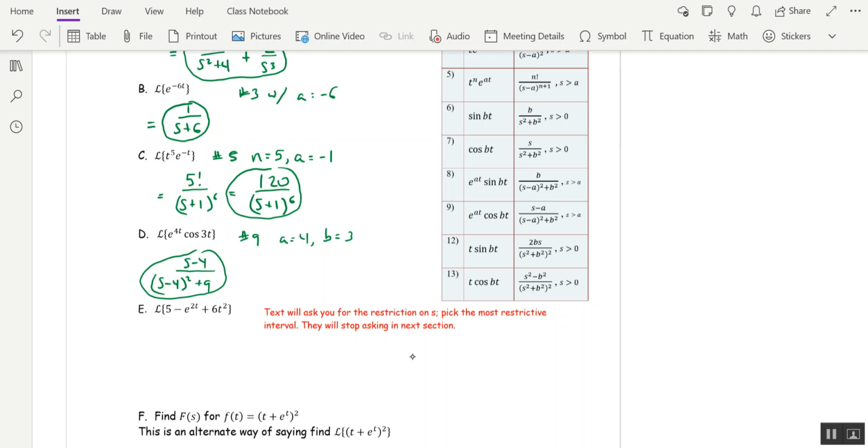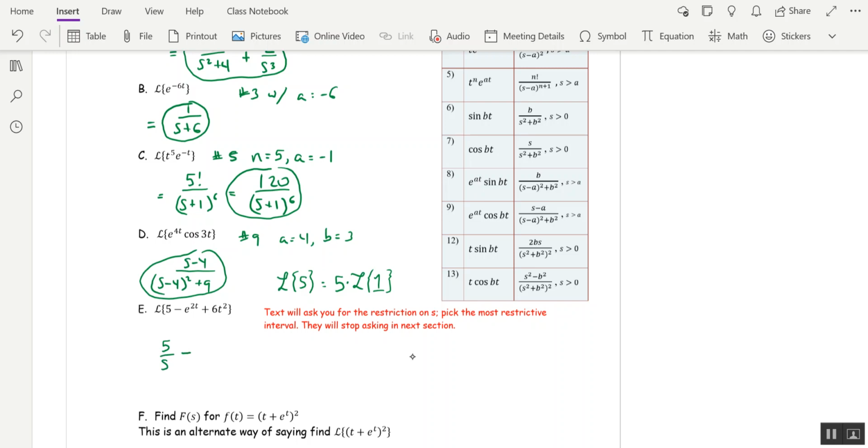Okay, next one. I'm not going to write out L of 5 minus L of e to the 2t plus L of 6t squared. I'm just going to do the linearity part in my head. Now, there's no formula for L of 5, but that's 5 times L of 1, because 5 is 1 times 5. There is a formula for L of 1, that's 1 over s, multiplied by 5. So this first one gives us 5 over s.